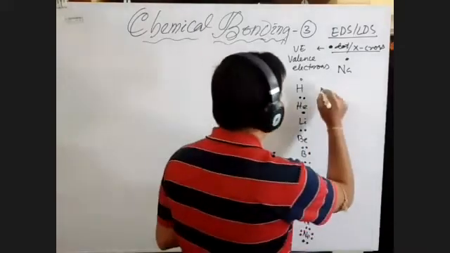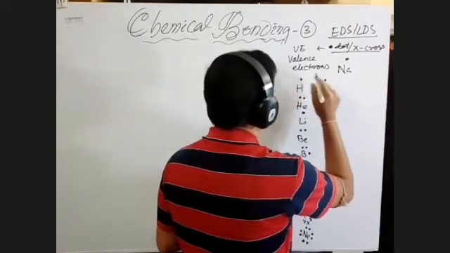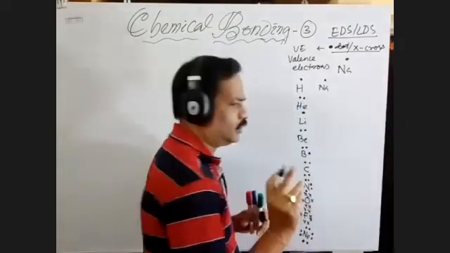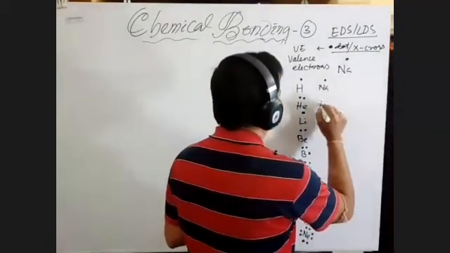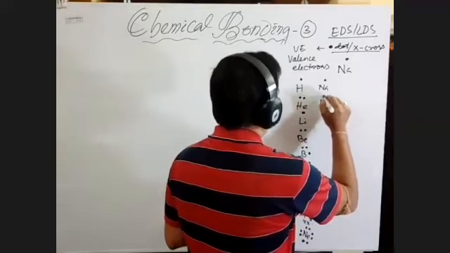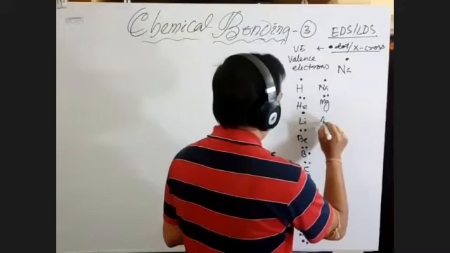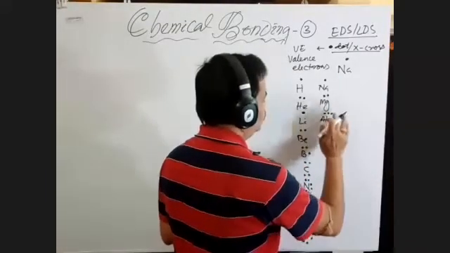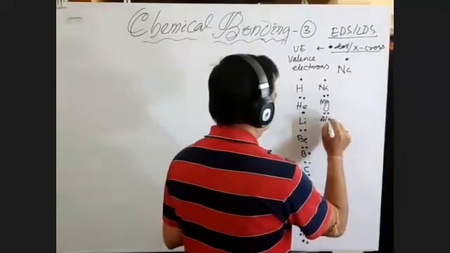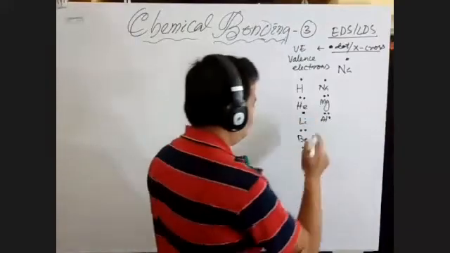Now sodium. Sodium has one dot because it has one valence electron, that is 3s1. Next, magnesium has 2 dots. Next, aluminium has 3 dots, so you can keep them in the surrounding of aluminium.